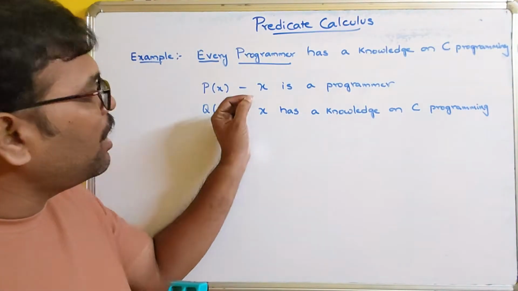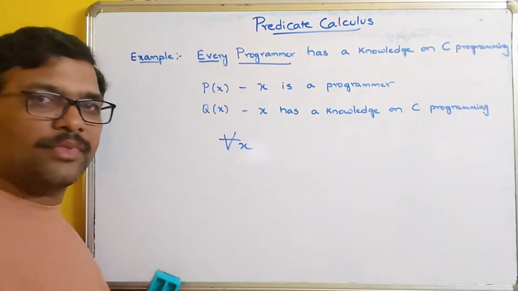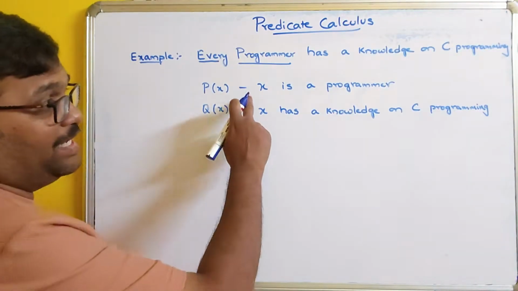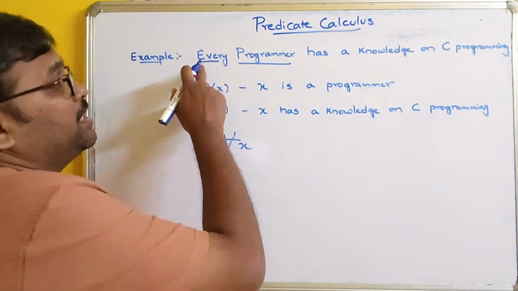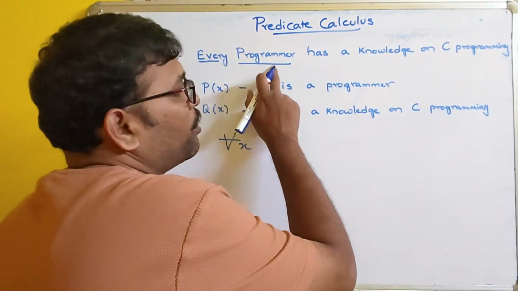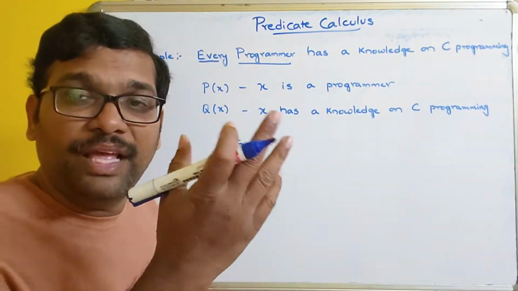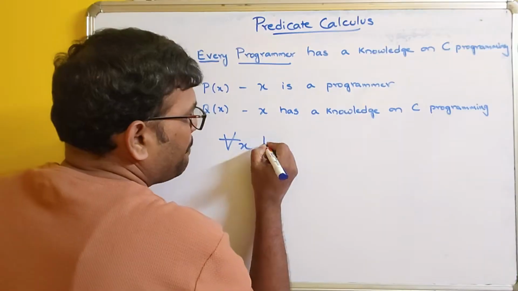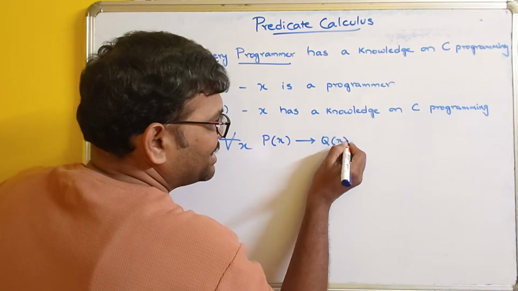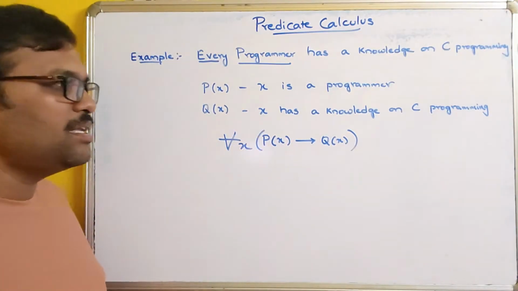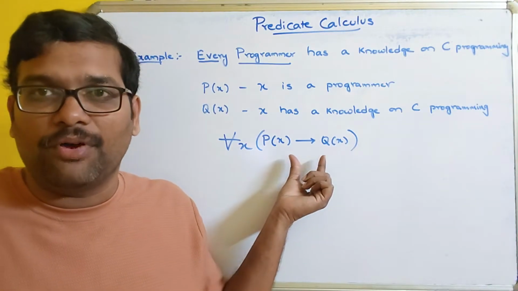So for all X, simply we can write for all X. Okay, for all X, if X is a programmer, then definitely X has a knowledge of C programming. So the same thing is here. Every programmer has a knowledge of C programming. So if then means implies. So P of X implies Q of X. So this is the scope we can give for this particular predicate formula.